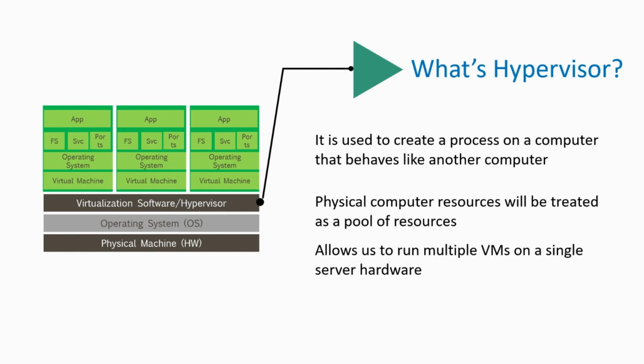The hypervisor treats the computer resources in the physical machine, that is CPU, memory, and storage, as a pool of resources that can quickly and easily be allocated to new or existing virtual machines. These hypervisors allow us to run multiple VMs on the same computer to maximize the utilization of the physical hardware. So this is very brief information about hypervisor.